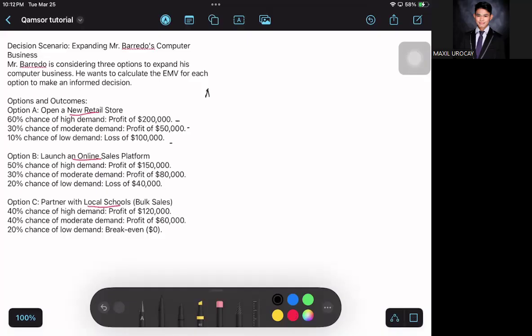Suppose right now in A, opening a new retail store, there is a 60% chance of high demand with a profit of 200,000, so it will be 0.6 times 200,000. And a 30% chance of moderate demand with a profit of 50,000, so you will write plus 0.3 times 50,000.